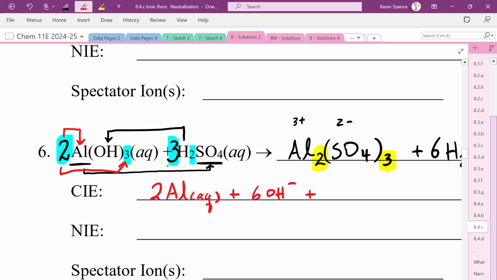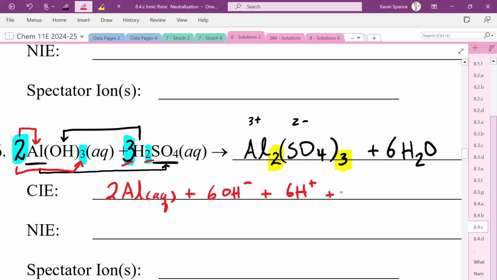How many H's? 6 H's. What did I forget? I forgot my charges. It should be 2Al 3 plus. Okay, good. I got 6H plus. What else have I got here? 3 SO4s. Not 12 SO4s, right? 3 SO4s.